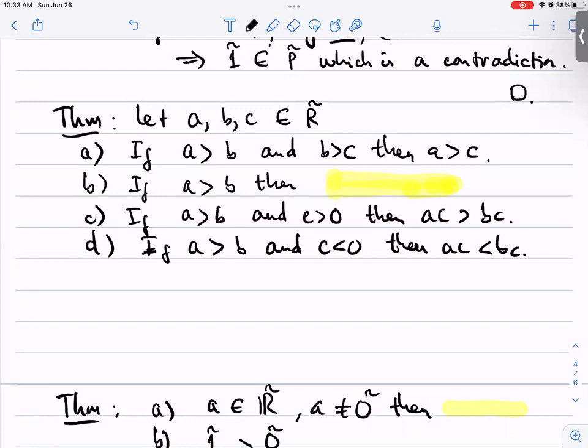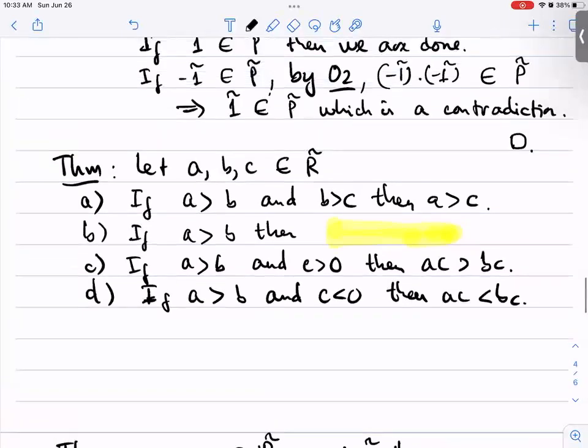The reason they are called theorems is because we started the theory from scratch with only a few axioms. That's why we have to reprove these usual properties.